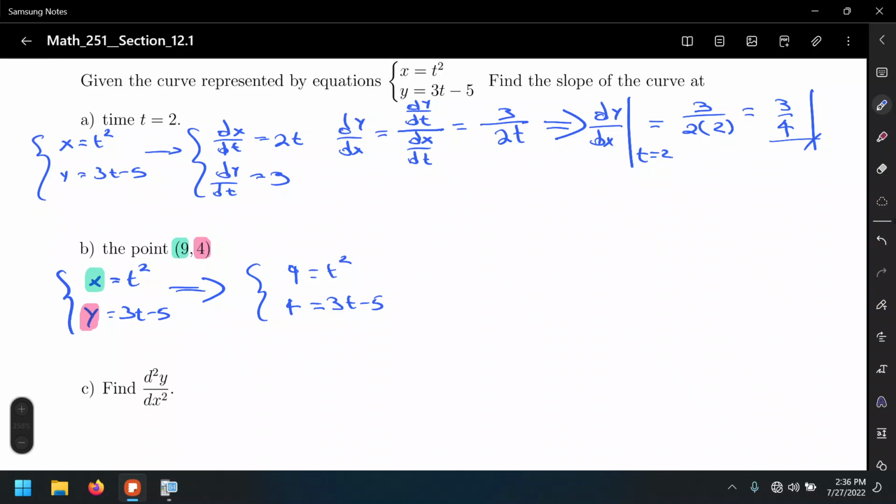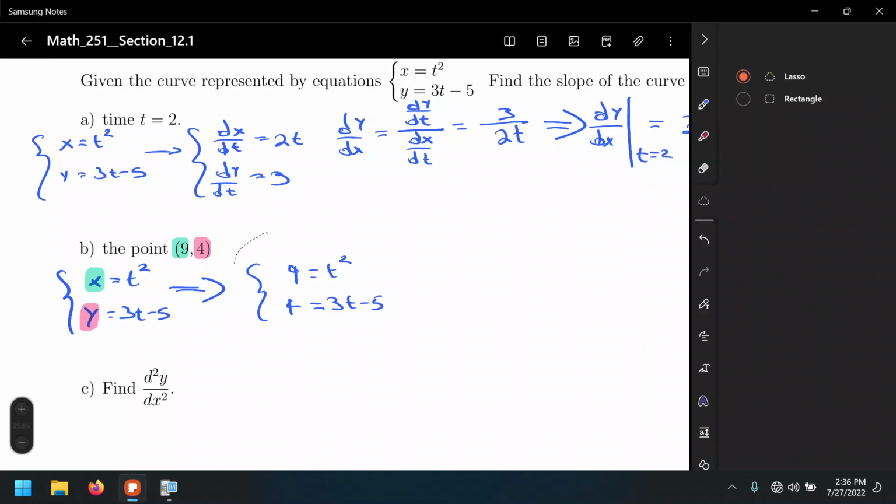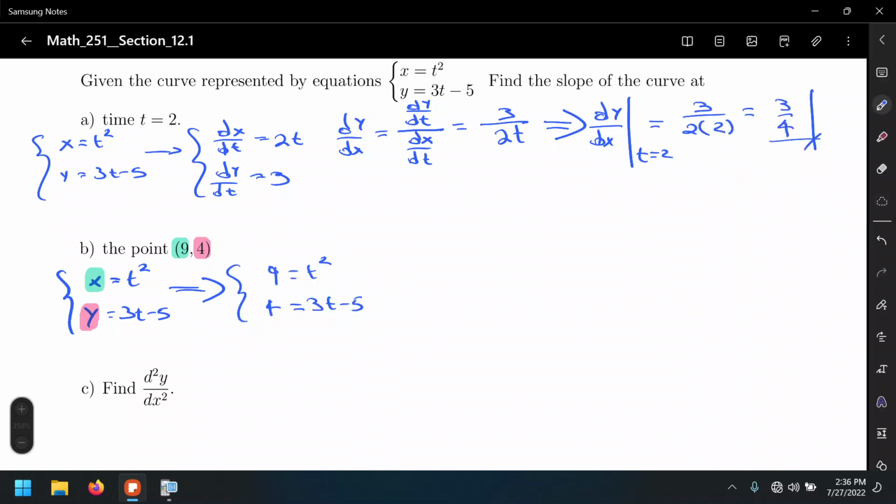So I'm going to solve t squared equals 9 and 3t minus 5 equals 4.